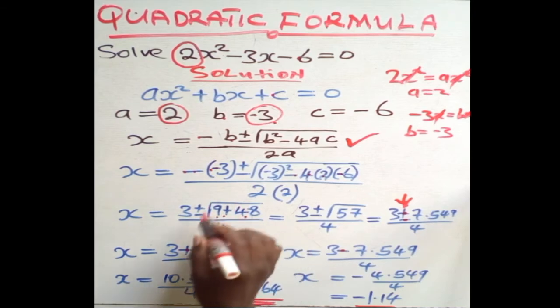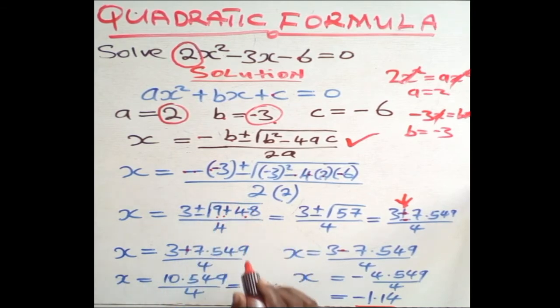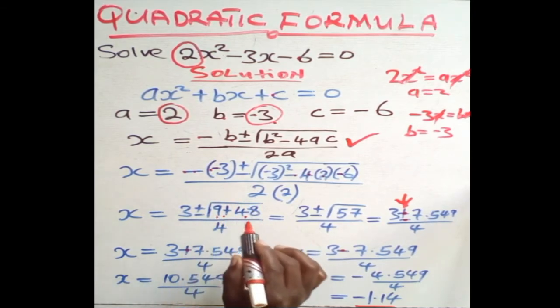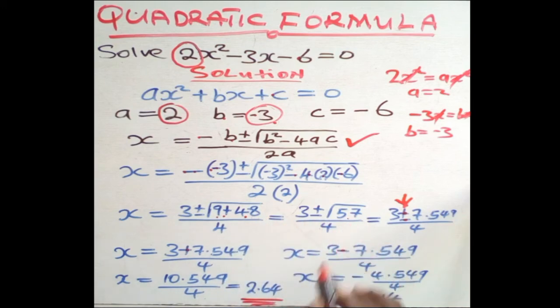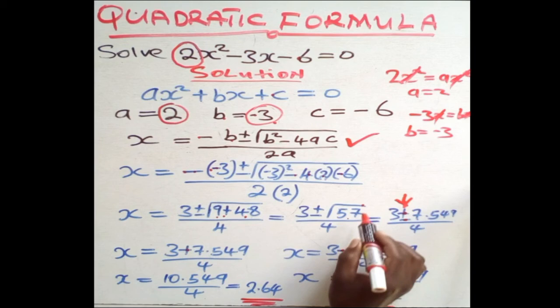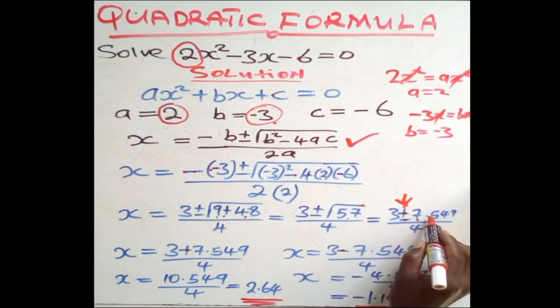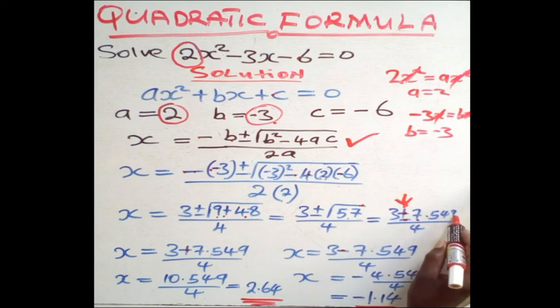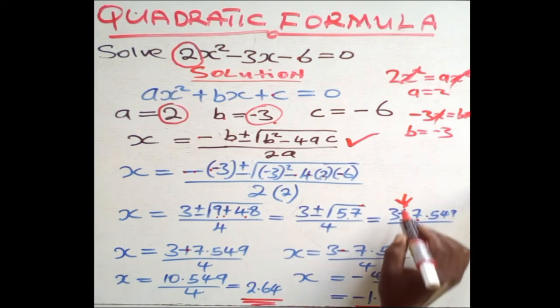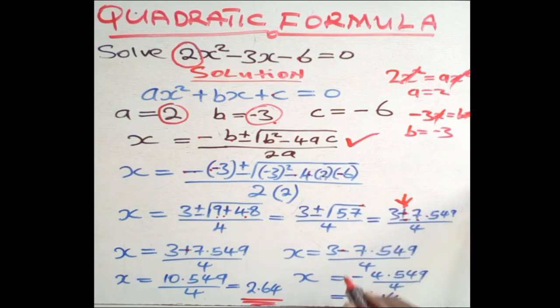At this point, you concentrate on what is in the root. 9 plus 48 will give you a 57. Evaluate what is in the root. So the square root of this 57 is going to be 7.549, like that.